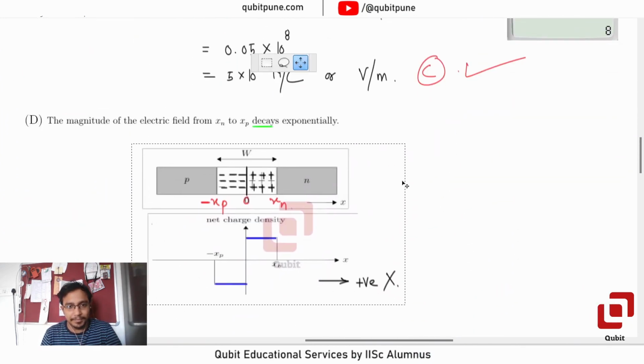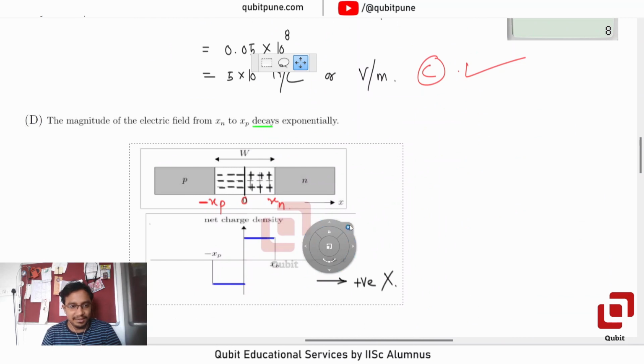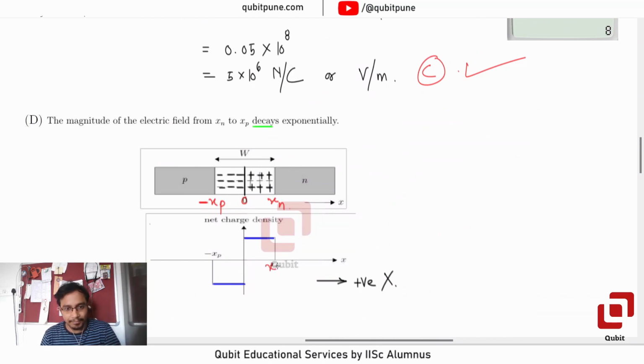Now look, this is your xn and this is xp. If I ask you to tell me the field at xn, that will definitely be 0, right? Because there are equal positive charges to the left and also equal negative charges, right? And what is E of negative xp or E at xp? That is also 0.